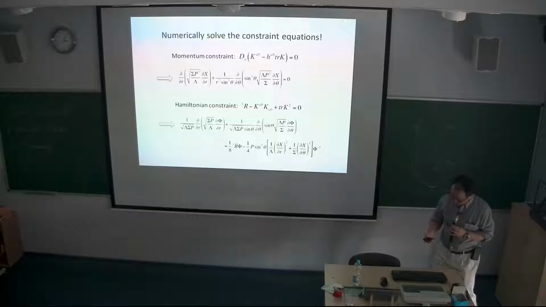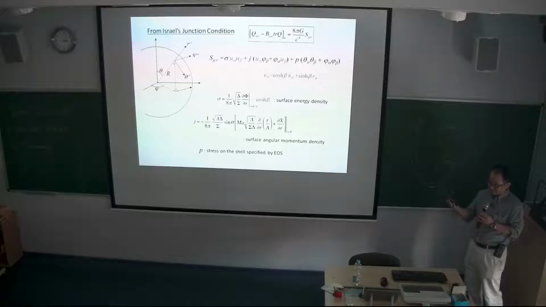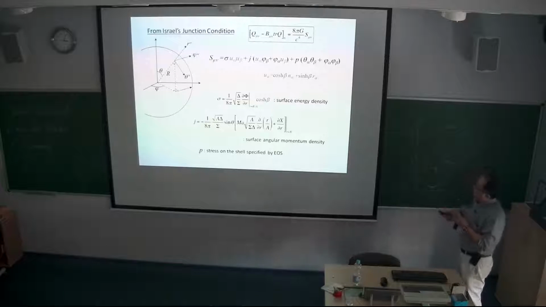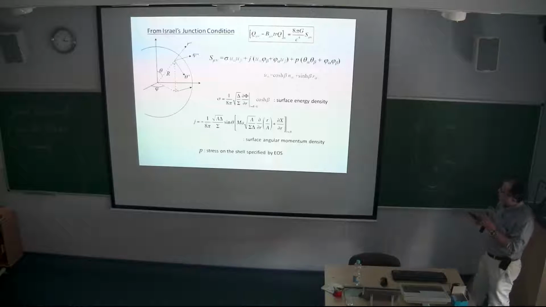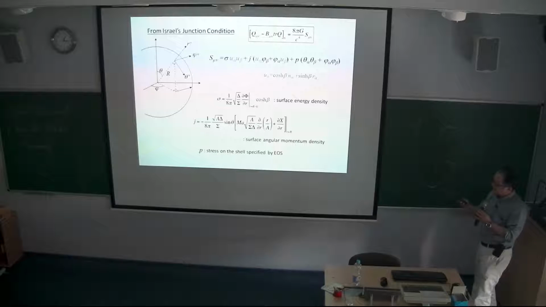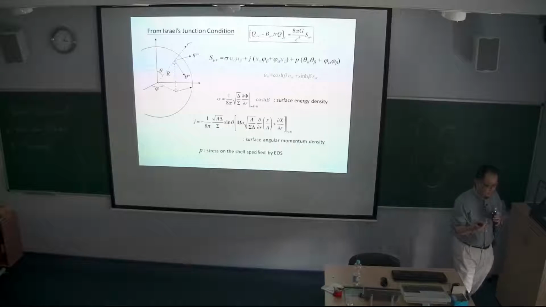This is in detail how to set up and we obtain the geometrical quantities. Anyway, under this consideration, we solve the junction condition, momentum constraint and Hamiltonian constraint, and know what kind of matter, given the three-dimensional metric, extrinsic curvature and first order derivative of the metric.